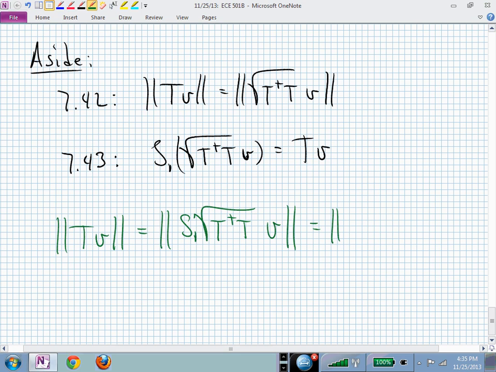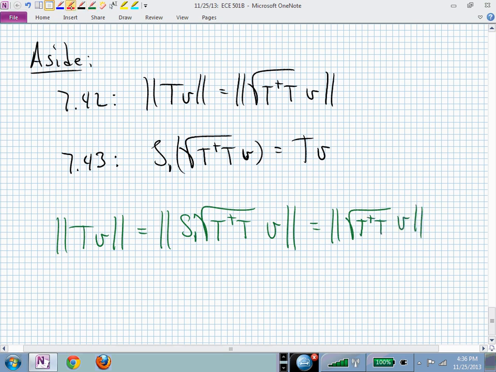So we've shown that TV is equal to the positive square root of T dagger T V. Since TV is equal to S1 of the positive square root of T dagger T V, we can equate their norms. So now we have that second piece that we wanted.